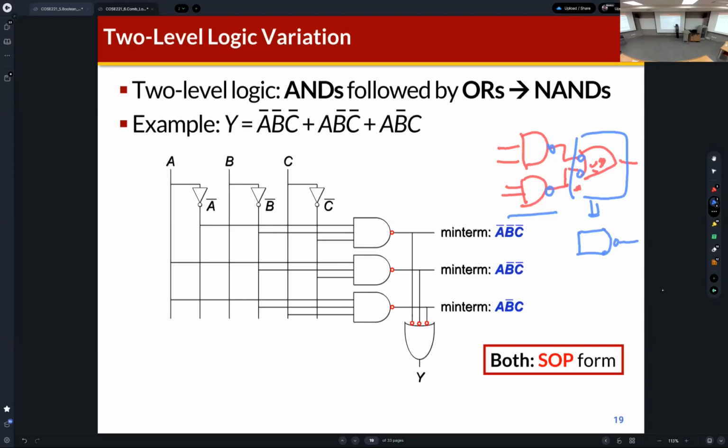And then this OR gate can be changed into an AND gate with bubbles. Right? So the SOP form can be implemented using two levels of NAND gates. Okay? Why did we learn this?